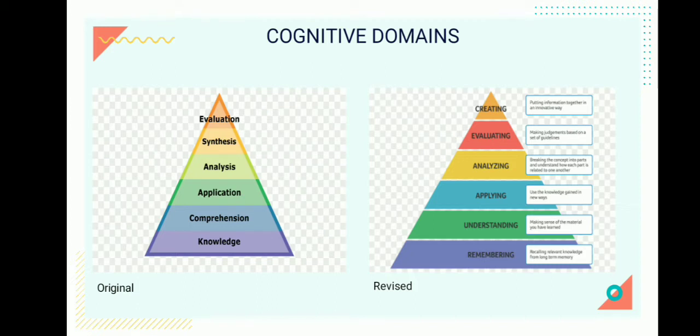In the chart shown, the higher the level, the presumably more complex mental operation is required. Higher levels are not necessarily more desirable than lower levels. That is like having levels in the revised version.